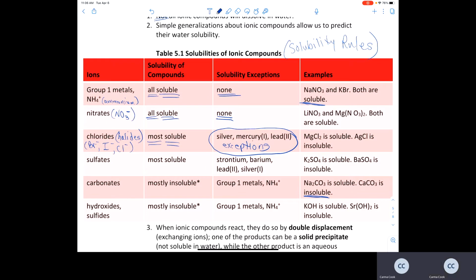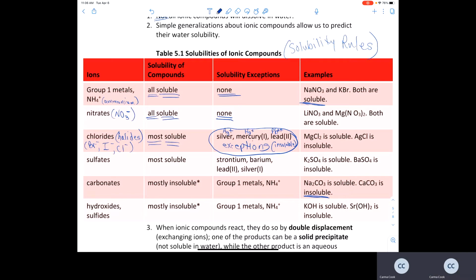If the halide monoatomic anion is paired with a silver cation, Ag+, a mercury 1 ion, Hg+, or lead 2, Pb2+, then that ionic compound will be insoluble.